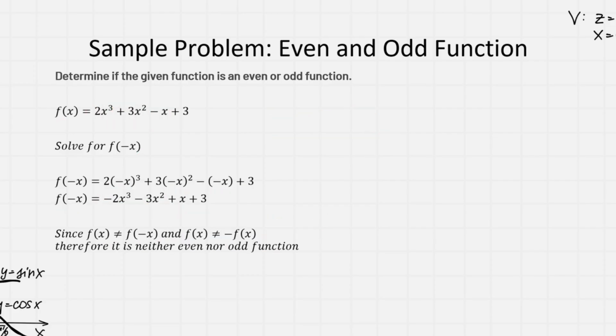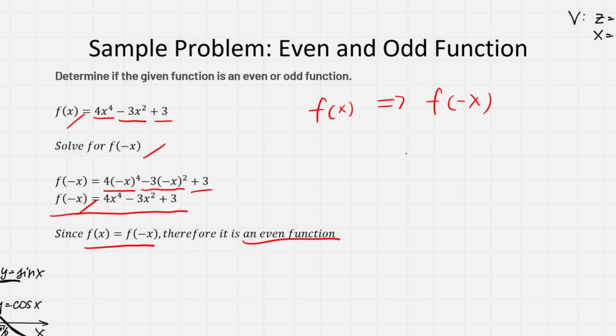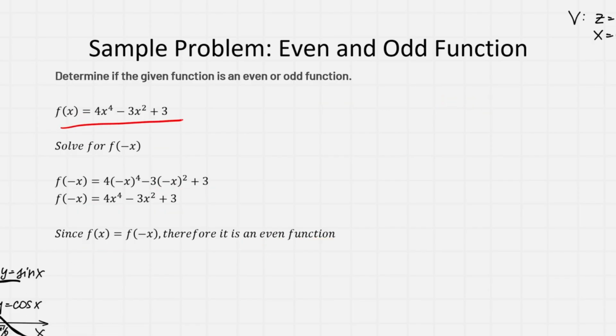Next. Okay, so another trick here, right? If you look at the exponent or degree of each term in the given function, going back to our example, we have f of x equals 4x to the fourth minus 3x squared plus 3.